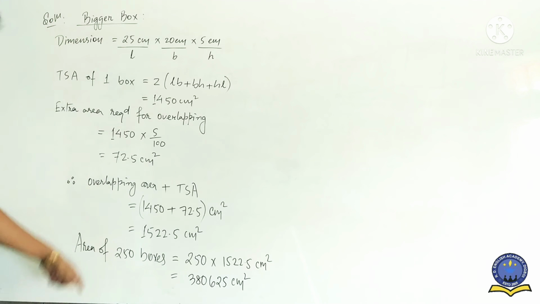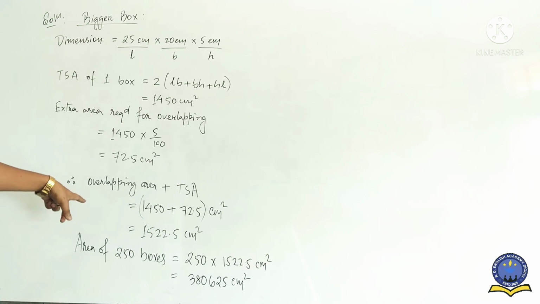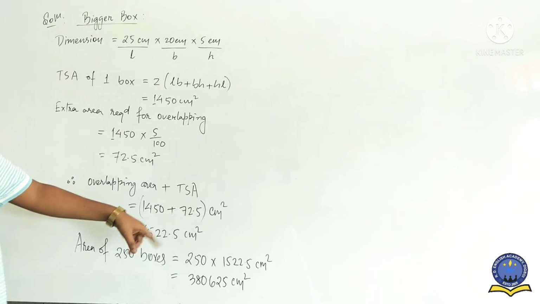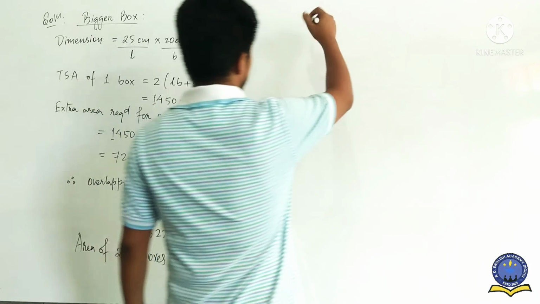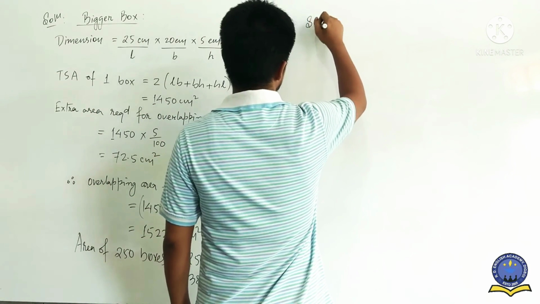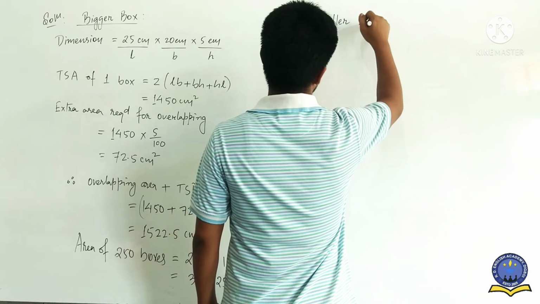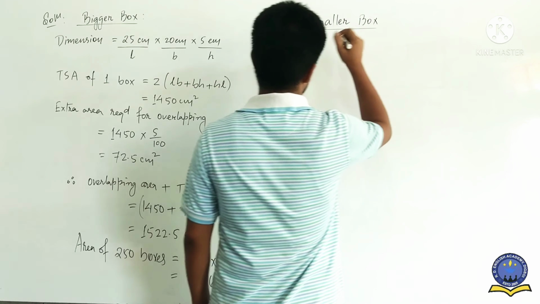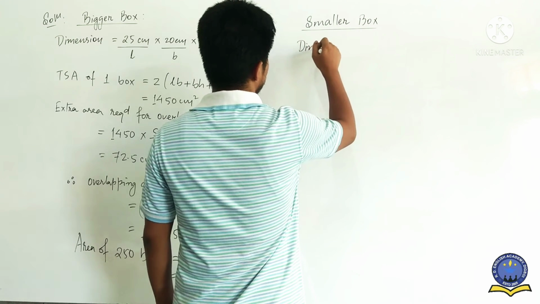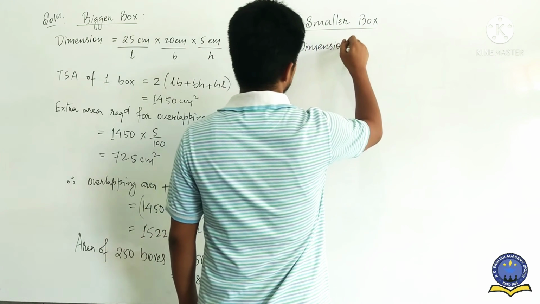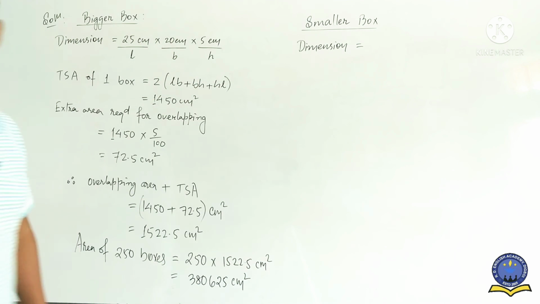The same process whatever we have done for the bigger boxes, we have to do for the smaller one also. So next we have to find out for smaller boxes. So here we write smaller box. In the case of the smaller box, again we need the dimension. The dimension given to us is 15, 12 and 5.